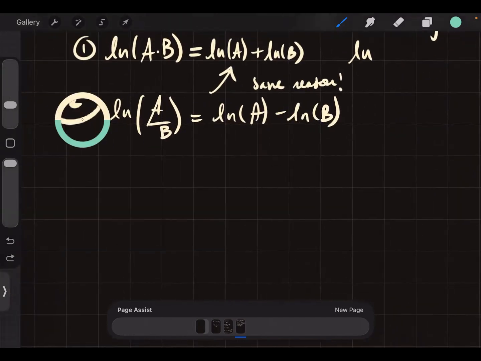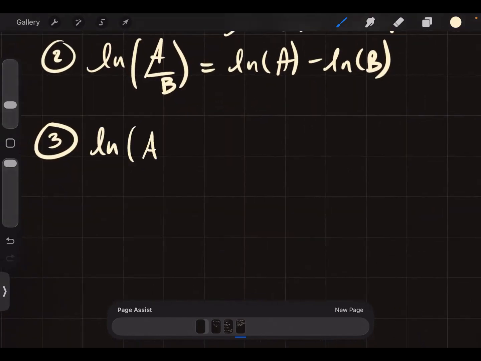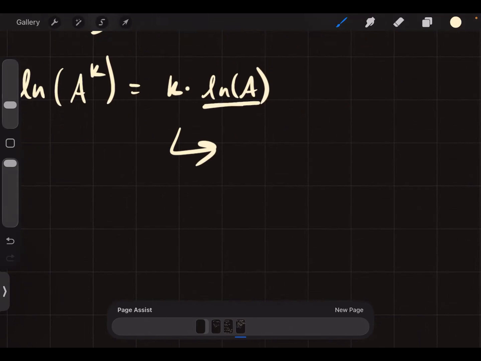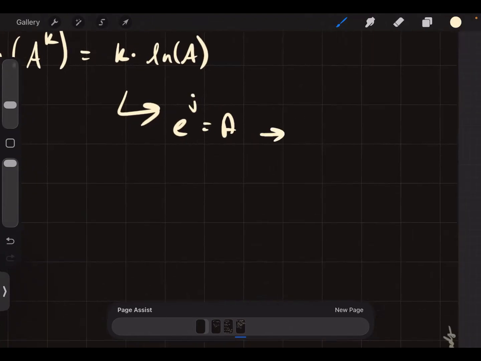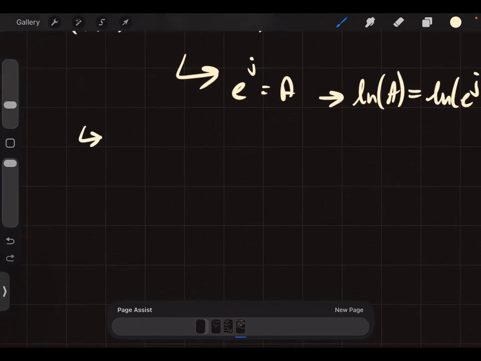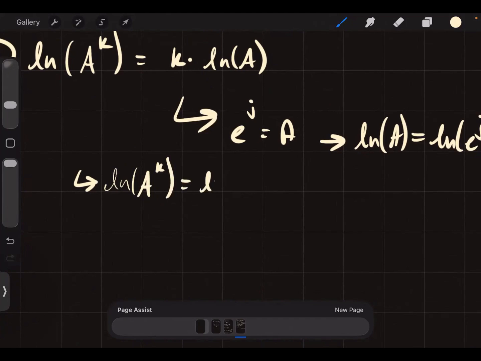Next, ln of a to the k is k times ln of a. Again, if we're looking at ln, this is saying e to the power of some j is equal to a. So ln a is equal to ln of e to the j. But with this k, ln of a to the k is equal to ln of e to the j to the k.